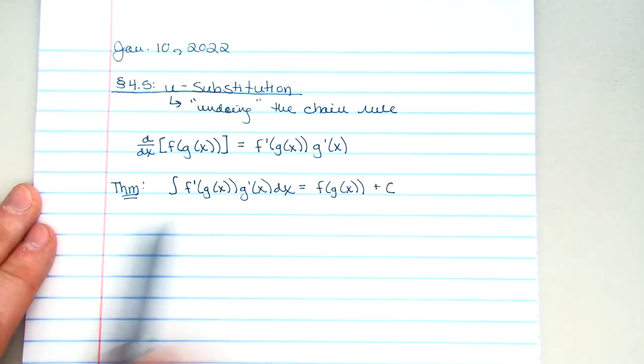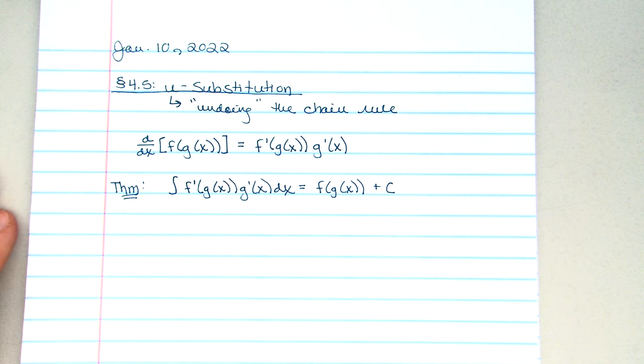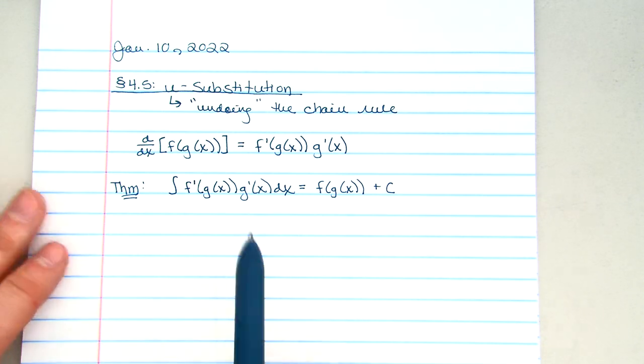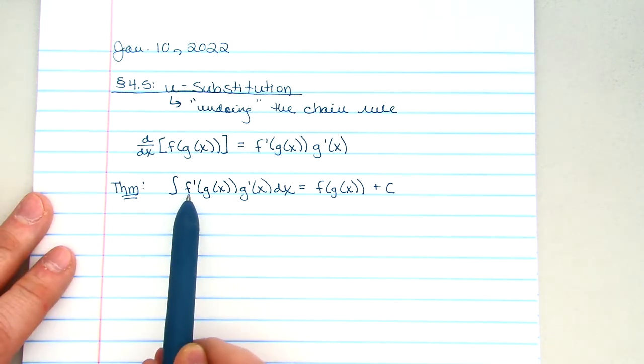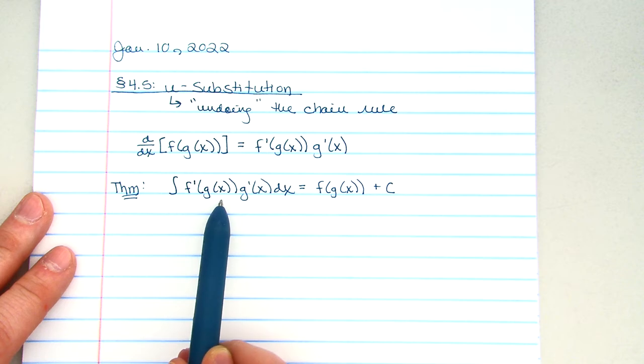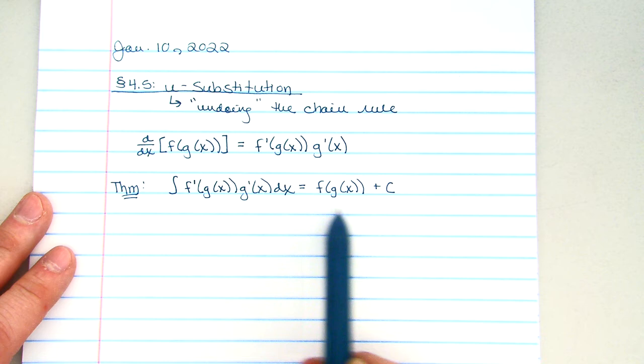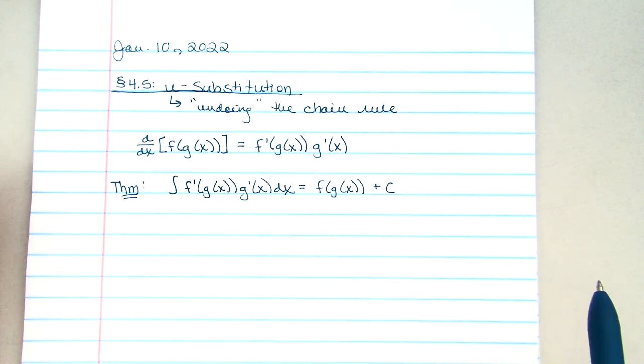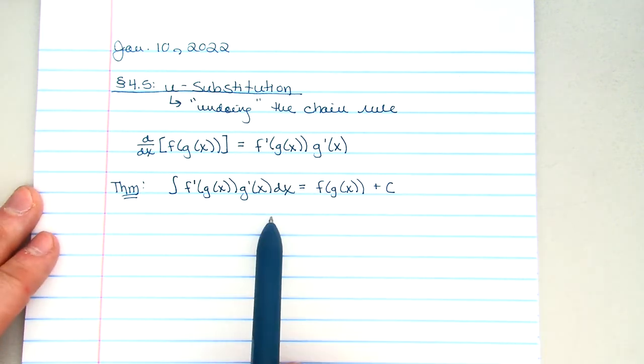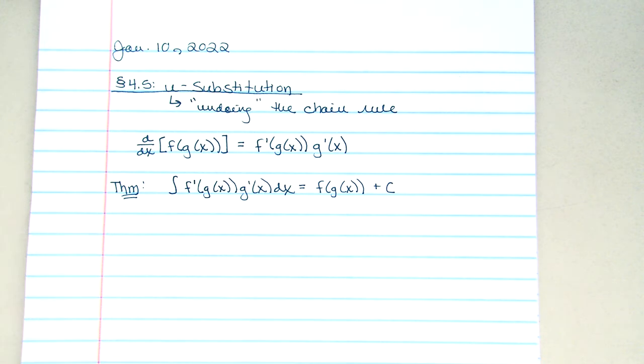It's just the opposite of this thing. I feel like this is obvious, but not super useful right now. This is saying if you want to find the integral of the derivative of some function with another function inside of it, as long as it was also multiplied by the derivative of the function inside, then it's just f of g of x plus c. I think this follows directly from here, but I don't necessarily see how this is going to be helpful for us yet.